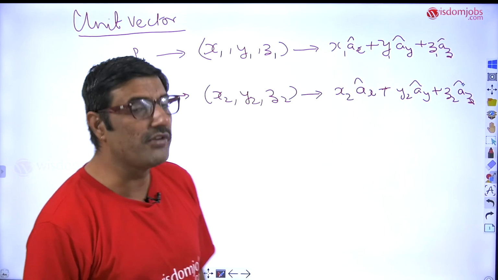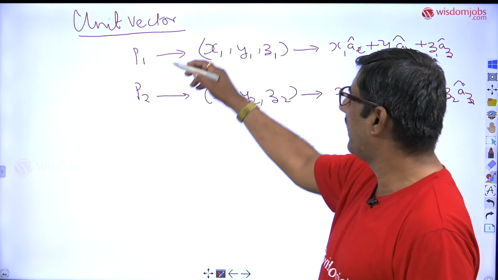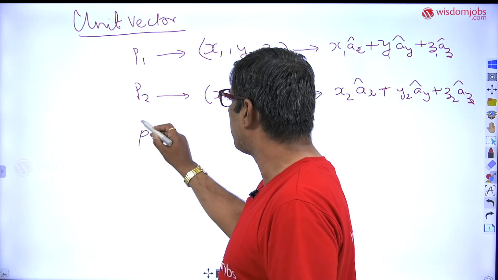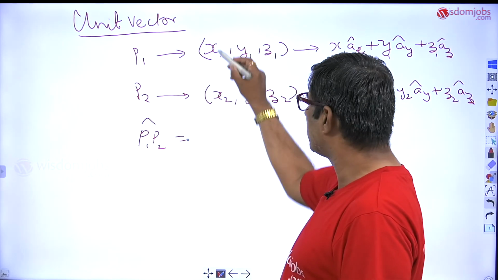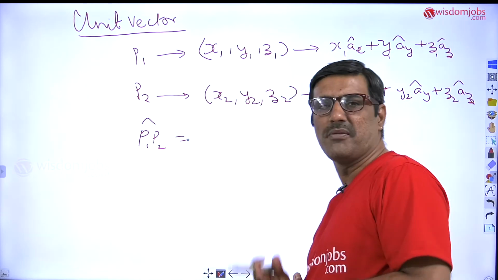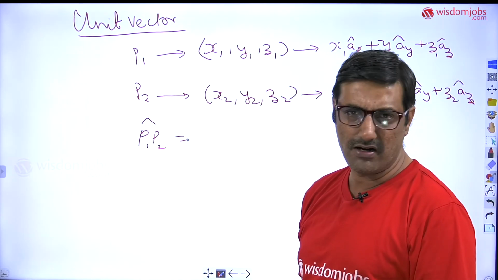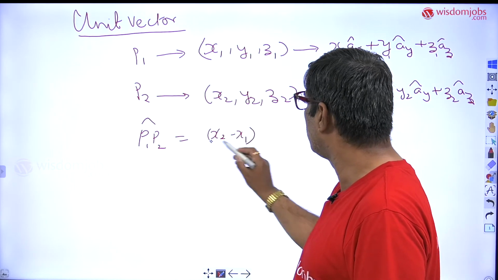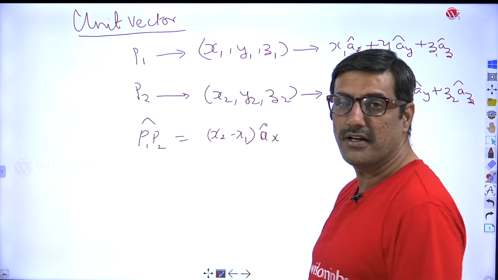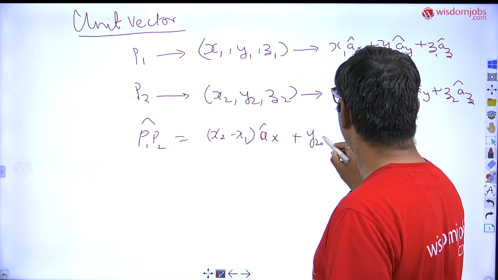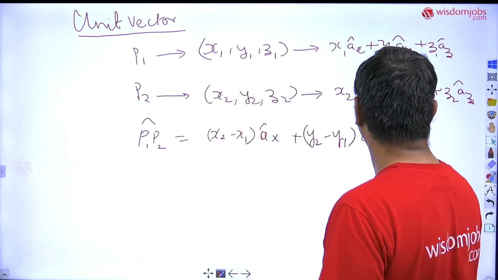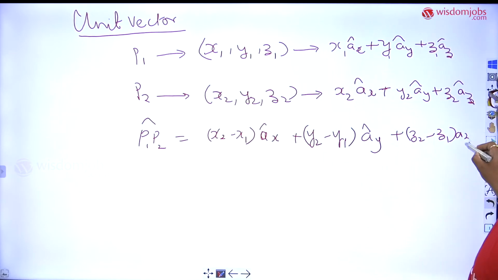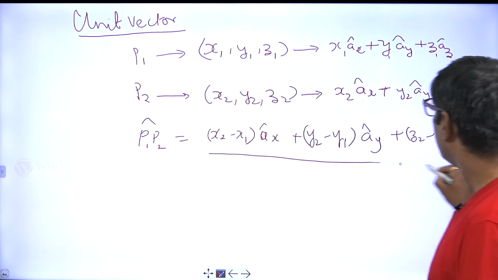Now if I wanted to determine the unit vector along the line joining these 2 points P1 and P2, how to determine it? We represent it as P1P2 cap. Just subtract the x coordinates and multiply with the respective unit vector, that is I bar or ax cap. So it is (x2 minus x1) into ax cap plus (y2 minus y1) into ay cap plus (z2 minus z1) into az cap, divided by the magnitude of this vector.